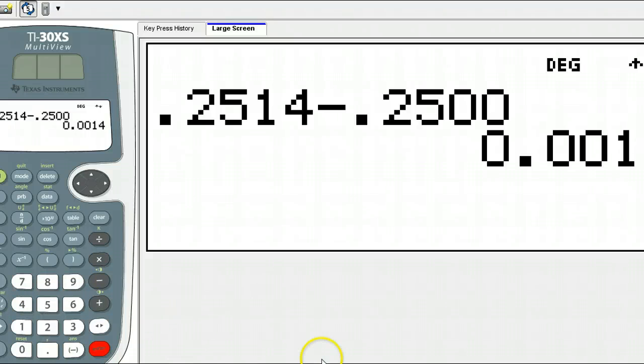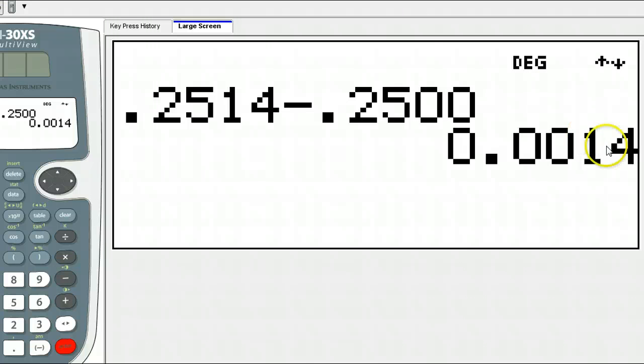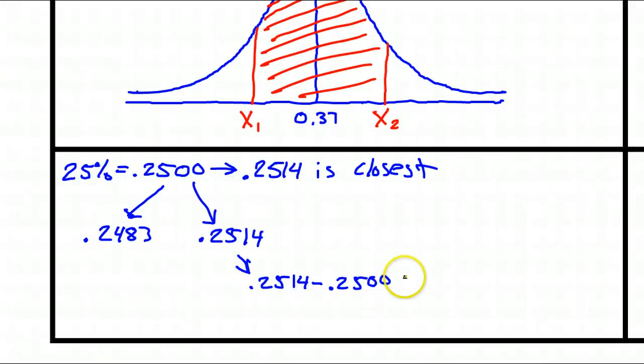That tells me these are 14 apart, 0.0014. That's how far apart they are.